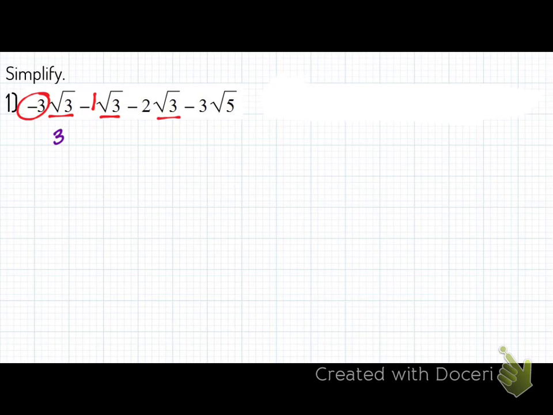Isn't there an imaginary 1 right here? So it's like -1 minus 2. What's -3 minus 1 minus 2? Negative. Good, so it's -6, right? We're going to keep this 3 to the 1/2 power.